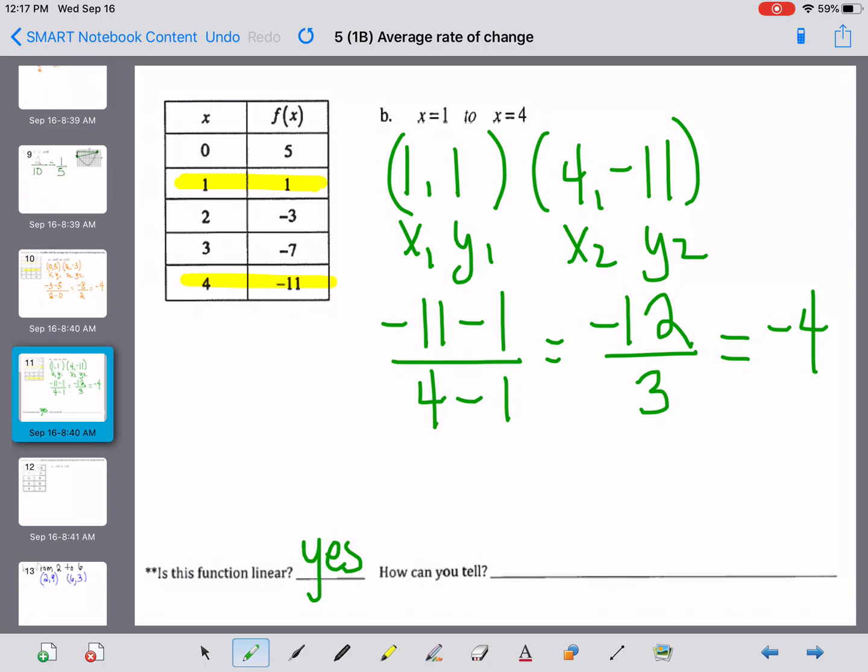And what that means is that the slope is the same no matter what 2 points we use to calculate it. So that's the way we can answer it. How can we tell? The slopes are the same.